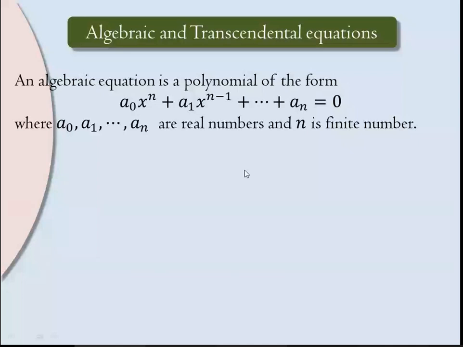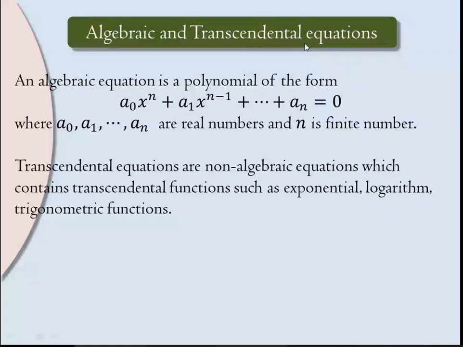And the second is the transcendental equation. What do we mean by a transcendental equation? These are non-algebraic equations which contain transcendental functions. Now, what are these transcendental functions? Exponential functions, logarithms, trigonometric functions, all sine, cos, tan.